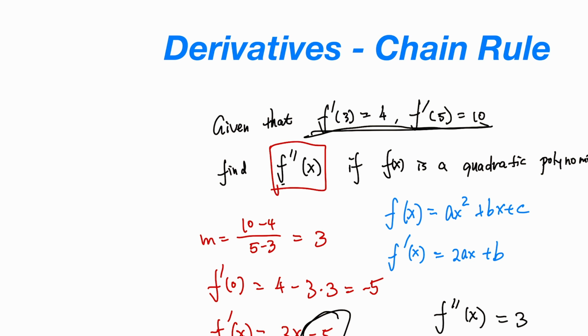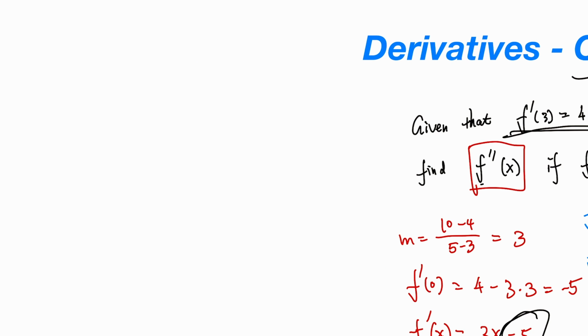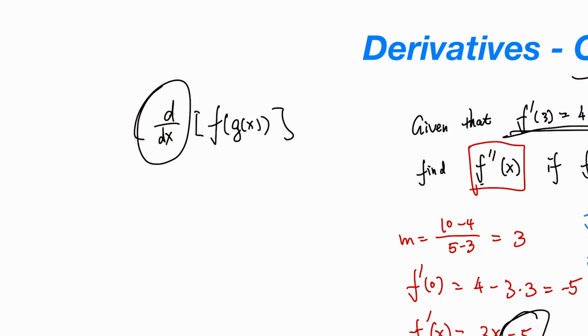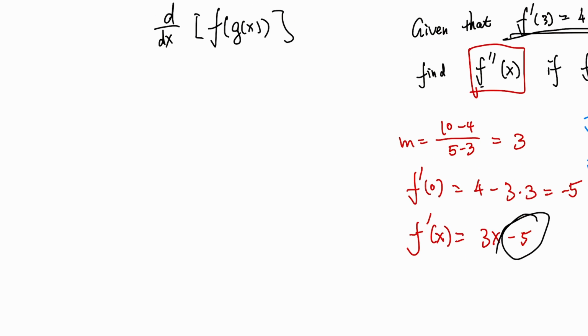And now let's take a look at the chain rule. The chain rule basically wants to take the derivative of this composite function with respect to x. And let's introduce a variant of this notation, which is putting the function on the top.